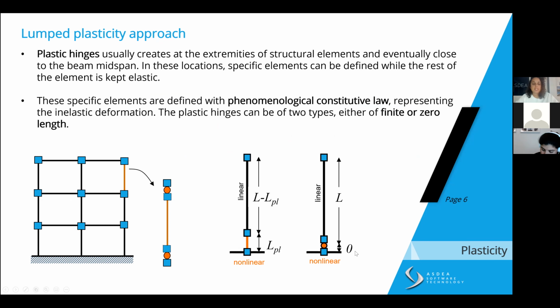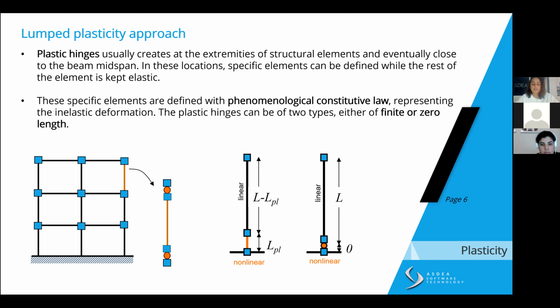Plastic hinges are usually created at the extremities of the structure, which is where inelastic behavior will eventually occur first, and maybe it will occur at mid-span, but that's not normally modeled. The rest of the structure is defined as elastic, while at these locations specific elements are defined. So for a lumped plasticity approach with a finite length, you can define a fiber section for that finite length.